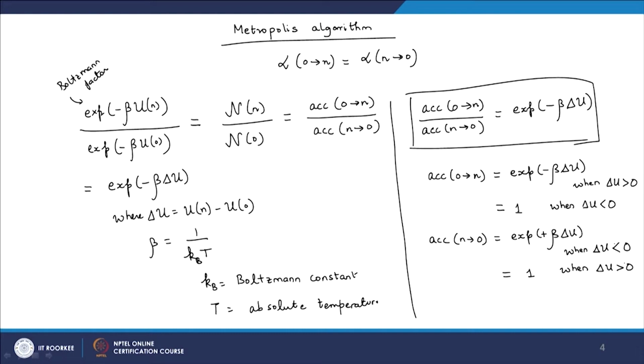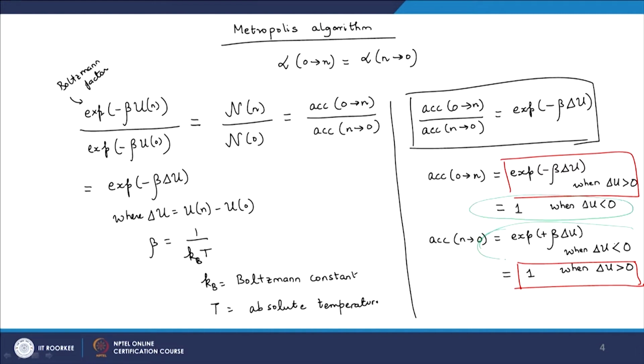Now, you can see if I take a ratio for the delta u greater than 0 case, I will get exponential of minus beta delta u. If I take the ratio for the delta u less than 0 case, I again satisfy the detailed balance condition.